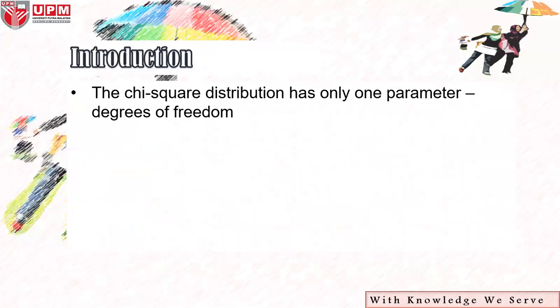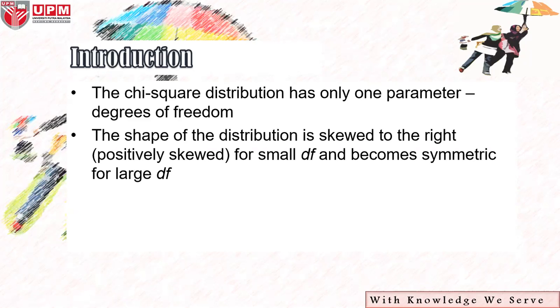Okay, so chi-square, similar to what you already learned during statistics class. The chi-square distribution has only one parameter, which is the degree of freedom. In chi-square, we only consider the degree of freedom as the main parameter. The shape of this distribution is skewed to the right.